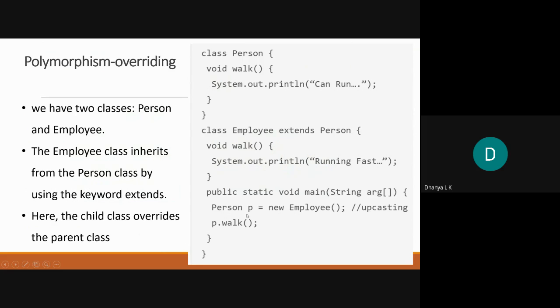We are creating the object of the child class and, using that object, calling the function walk. Which walk will execute, the base class walk or the child class walk? Here, the child class walk function will execute. That is the example of function overriding, and this will be decided at runtime.